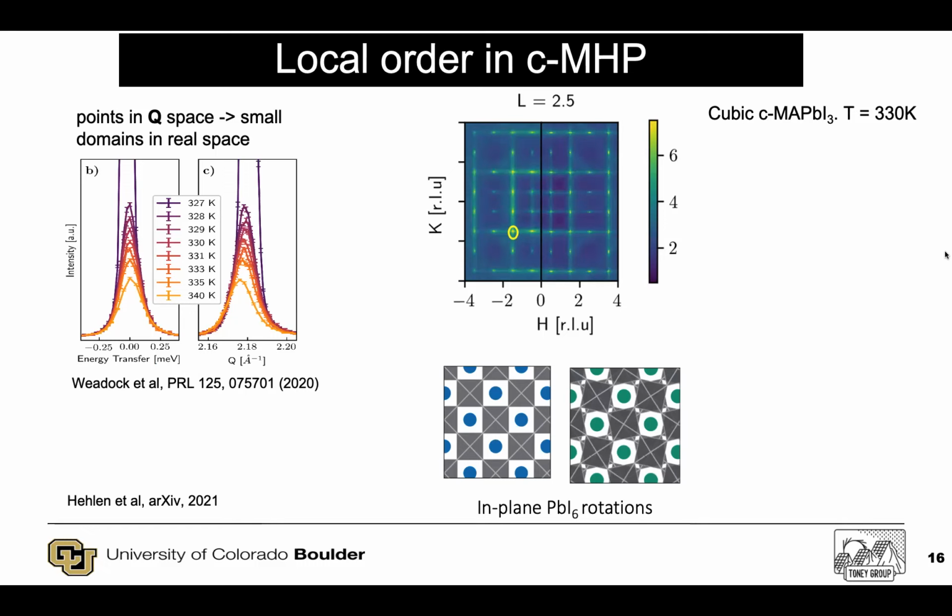Our interpretation is that even in the cubic average structure, you have static waves or bubbles of the lower symmetry tetragonal phase, and we can assess timescales on the order of 30 or 40 picoseconds.